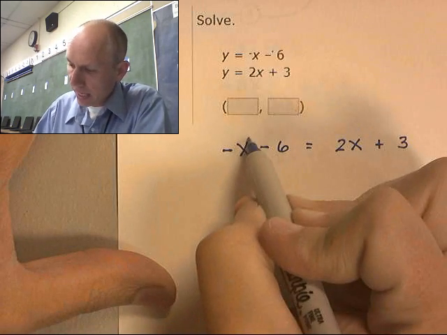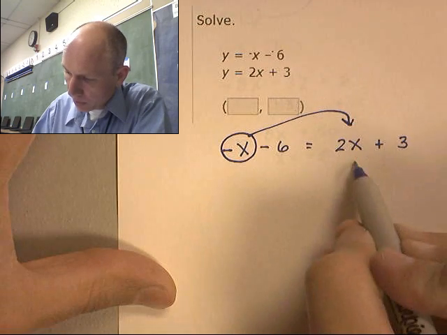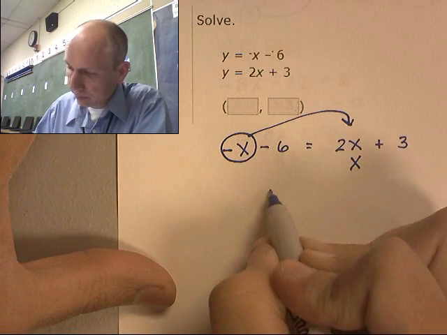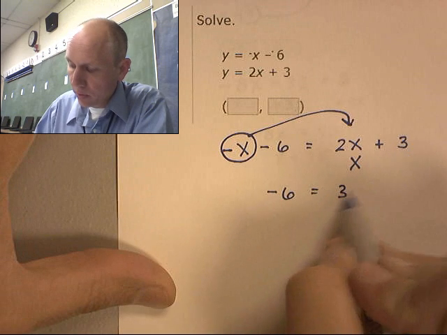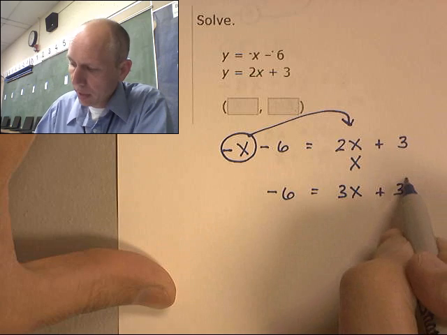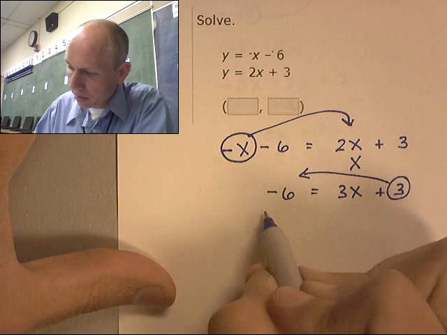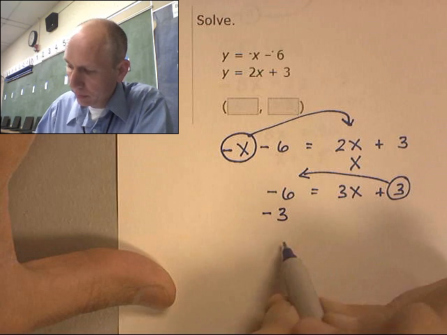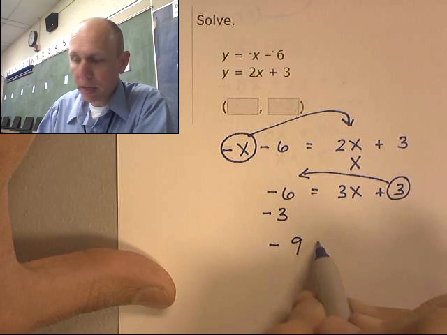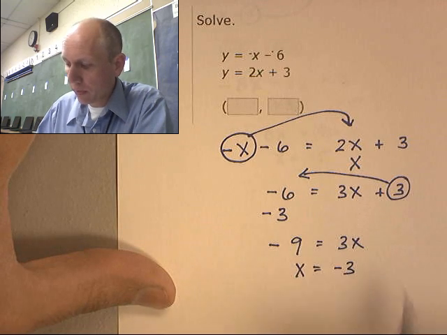Let's add x. Let's take this negative x and drop it on top of this guy as a positive x. So I have negative 6 equals 3x plus 3. And we'll take this guy and drop it over here as a negative 3. Negative 9 equals 3x. X equals negative 3.